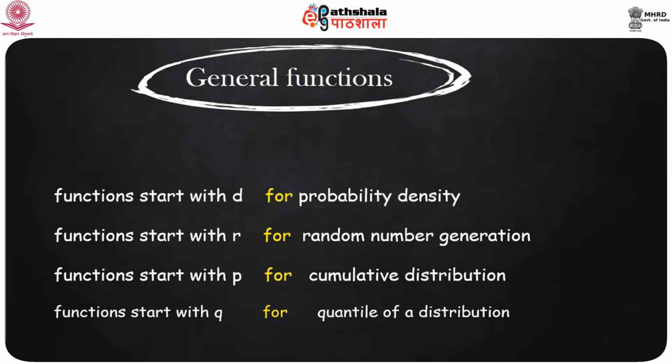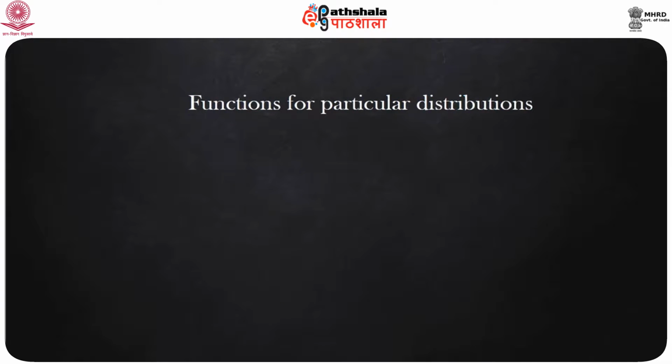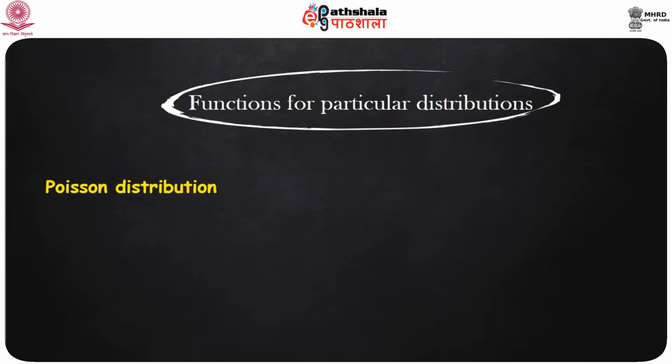Suppose you need to deal with the Poisson distribution. This is a very common distribution and you can expect these 4 functions corresponding to this distribution. So, what are the functions corresponding to this? Here the dpois function gives the Poisson probability at a given point.